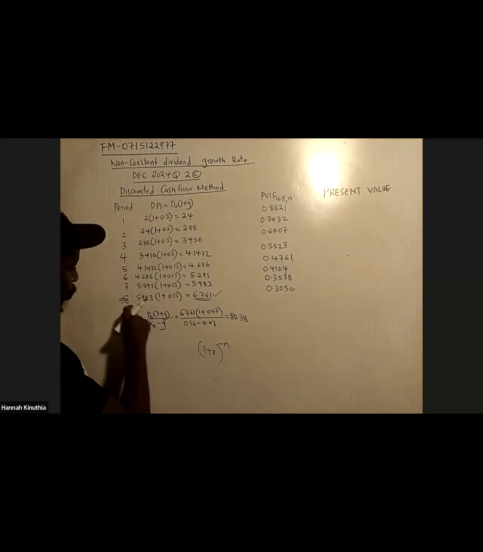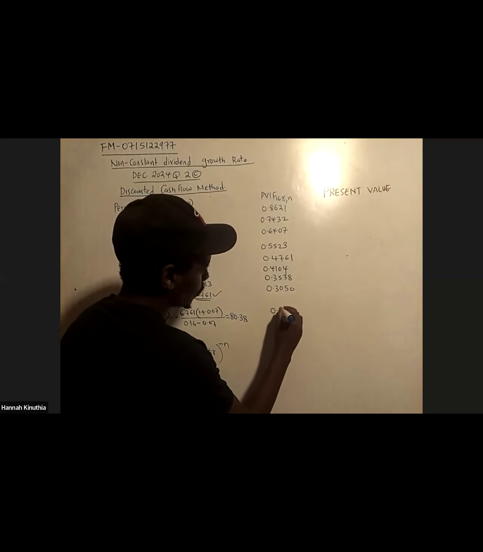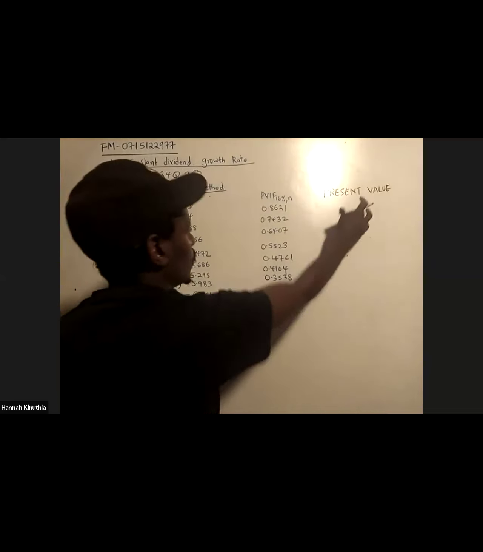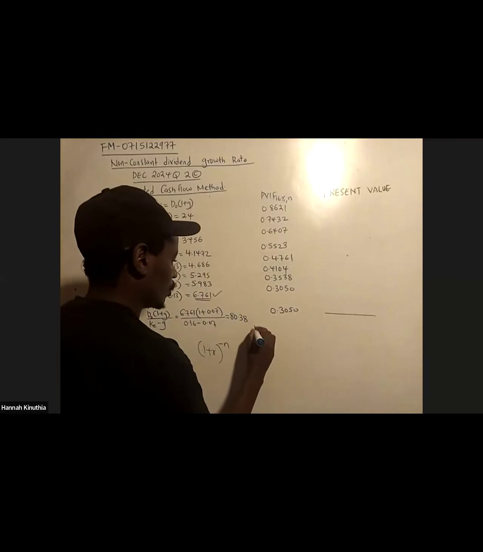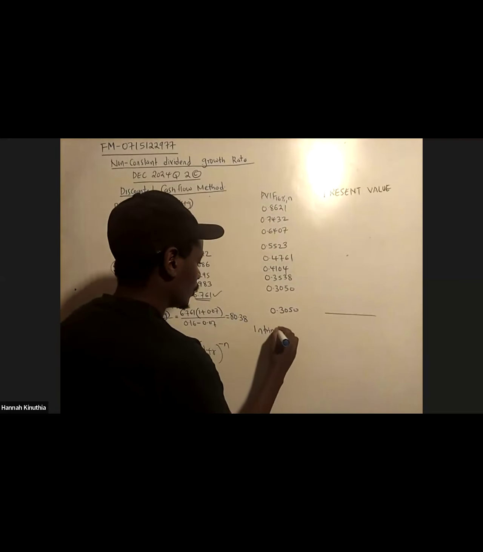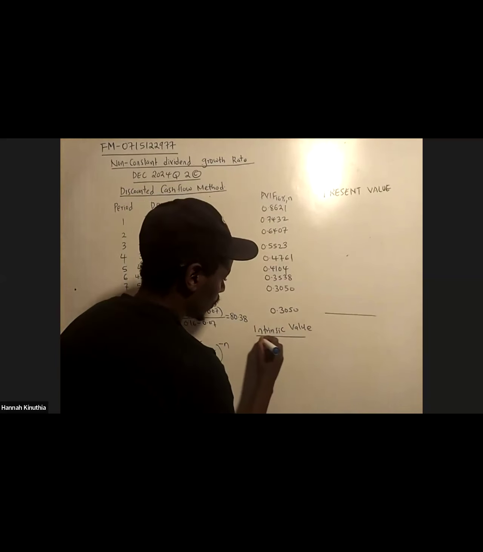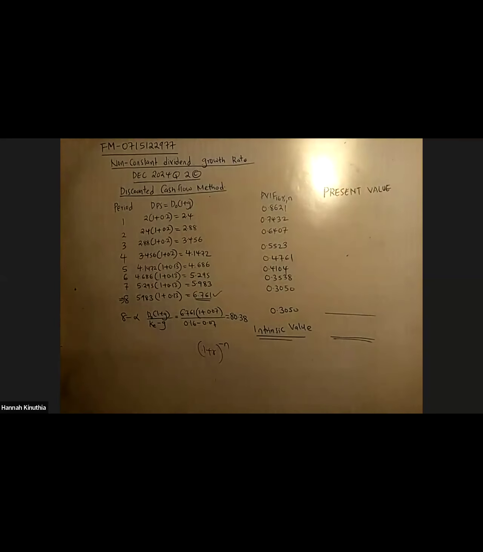So we use the factor for period 8, which is 0.3050. Find the present values so that we can get the intrinsic value.